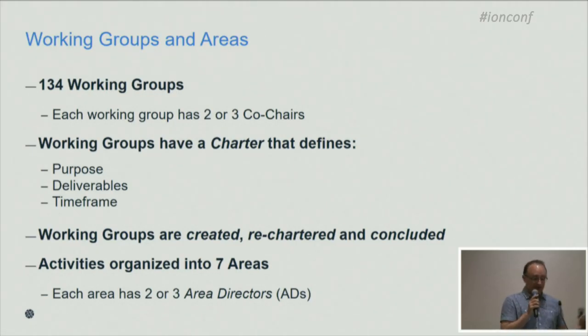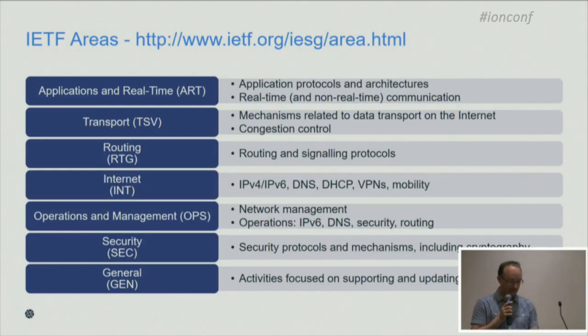But these working groups are themselves organised into 7 different areas, and each of those areas is led by 2 or 3 area directors. These are the 7 IETF areas. There's applications and real-time protocols, transport, which is related to data transport and congestion control.